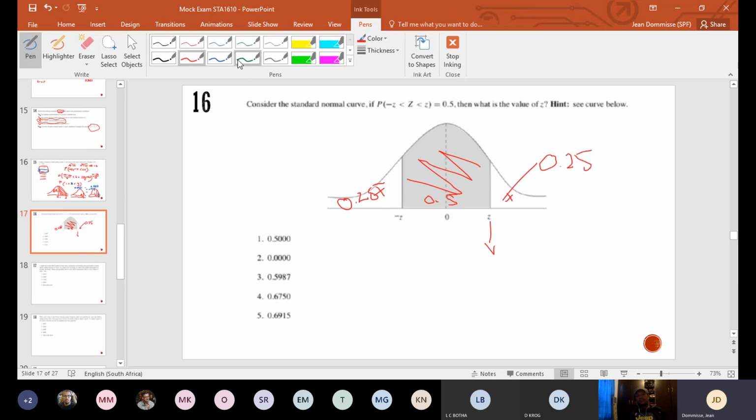So we are looking for a Z value where the probability is 0.75. We can use the table that shows us probabilities, and I will quickly bring that table up for you, and then let's see if we can get the answer.